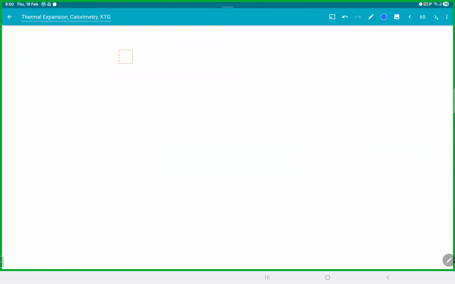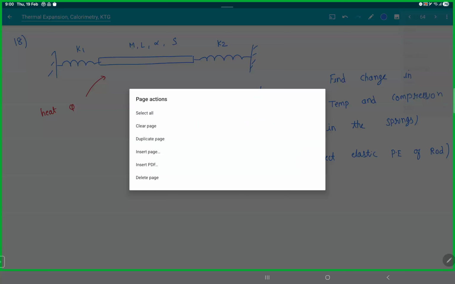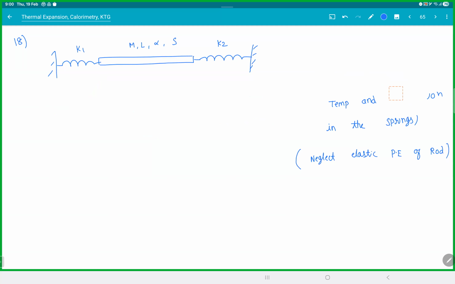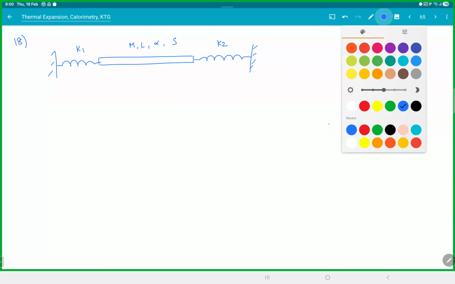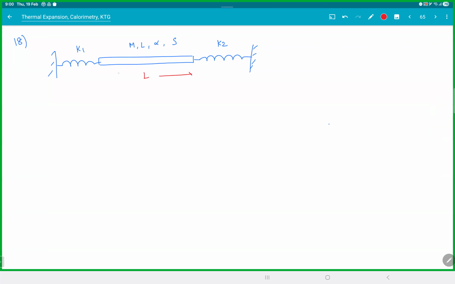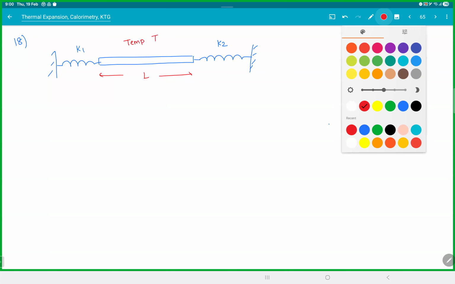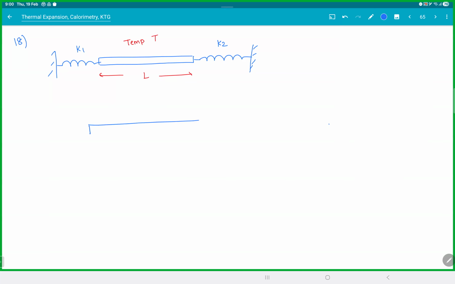So when this rod expands, initially the length was L. Temperature was T. Now when the rod expands, this becomes L into 1 plus alpha delta T. That means this spring must have got compressed by x1, this spring must have got compressed by x2.